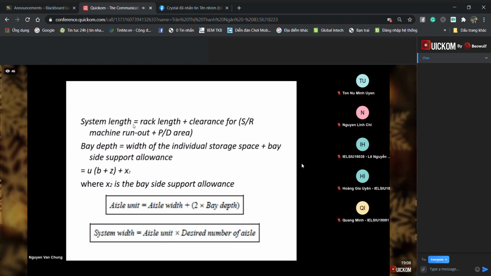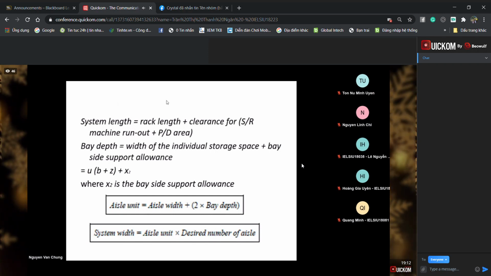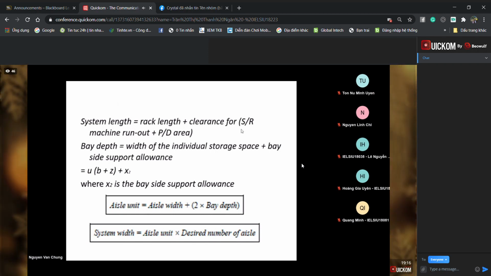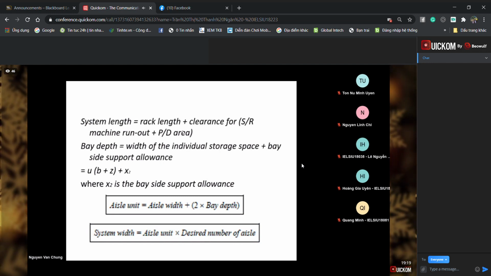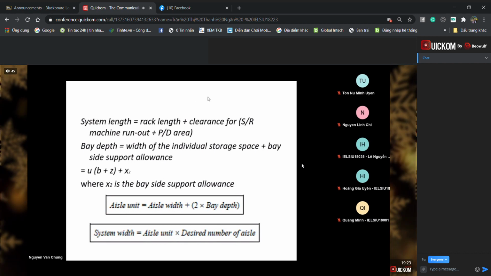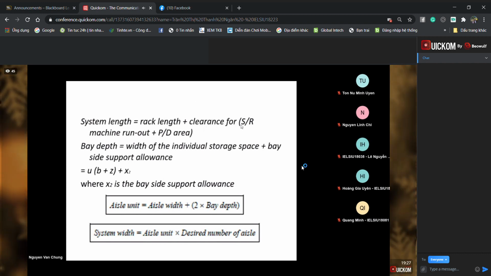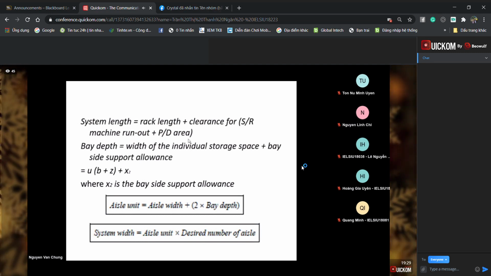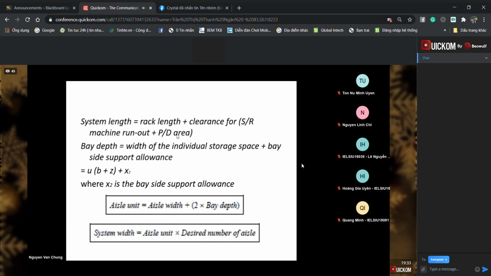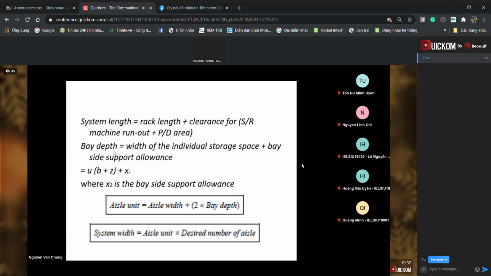So the bay width is... System length equals rack length plus clearance for the ASR machine, estimation of bays here. Because of this, the system length is the rack length and clearance for this machine and the pickup and deposit area, and bay depth.